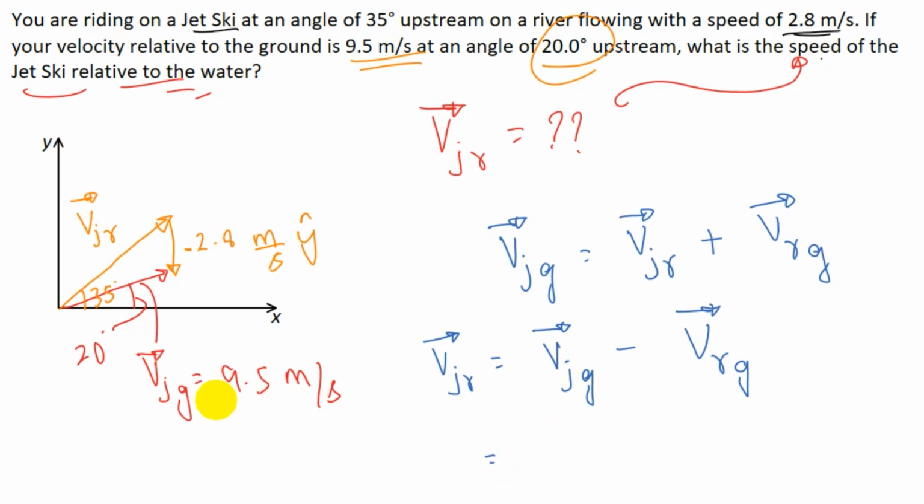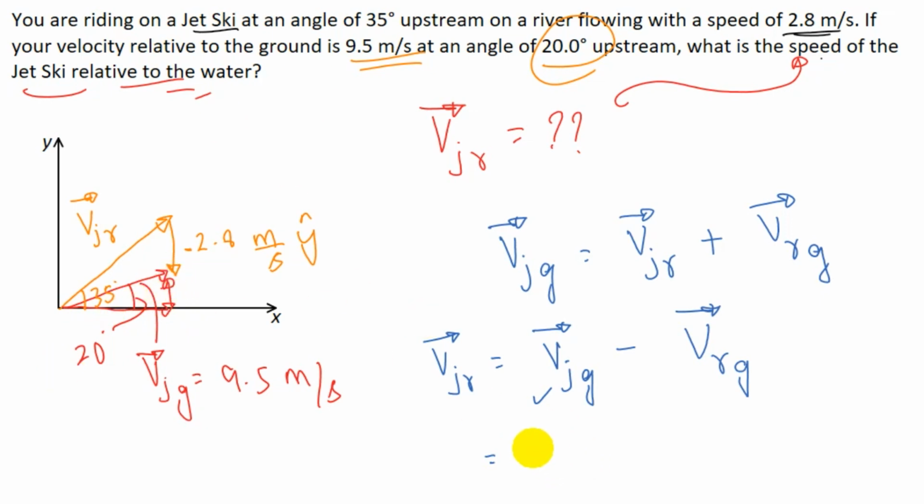The magnitude for this velocity of jet ski relative to ground is 9.5, and this angle is 20 degrees. So it will have two components in x and y direction. Let me show it on the figure. This will be its x component and this will be the y component.